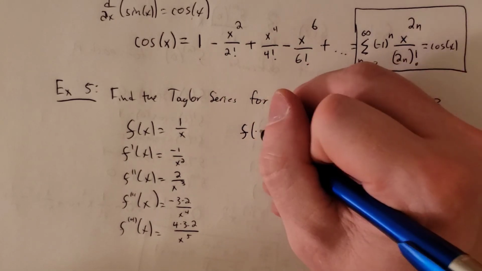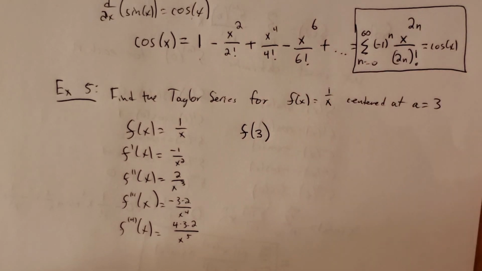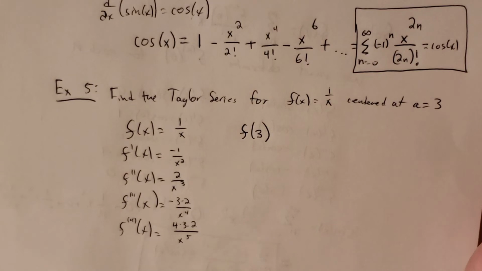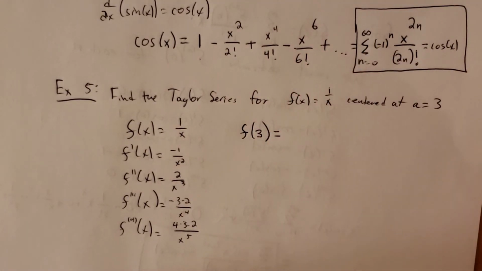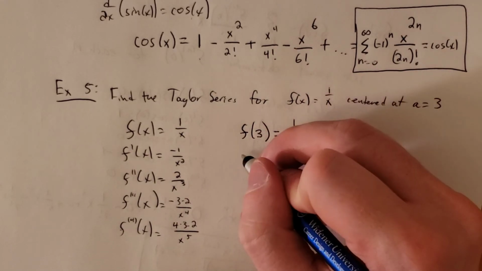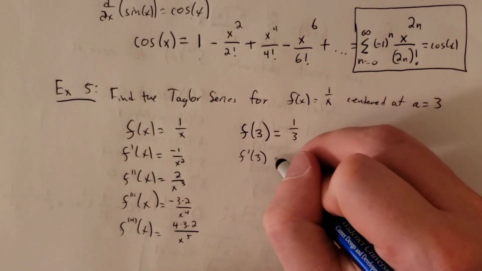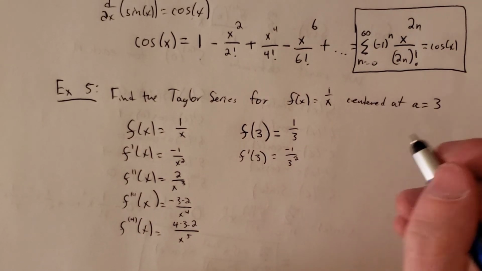We want to evaluate all of those at a. So let's do that. We evaluate this at a equal to 3. And what do we end up with? Well, f of 3 is 1 over 3. f prime of 3 is negative 1 over 3 squared.